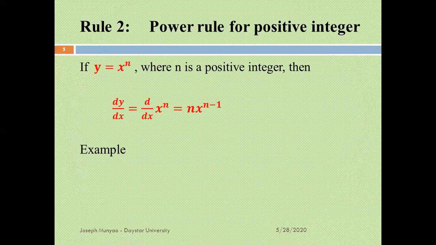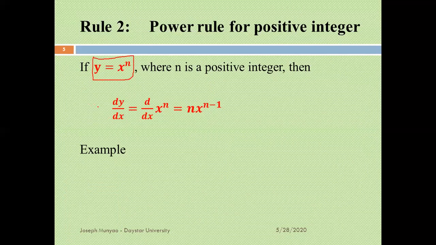Power rule for positive integers. When you are differentiating positive integer powers, the function will look like what I have given you there. So to differentiate this function, the rule is simple.